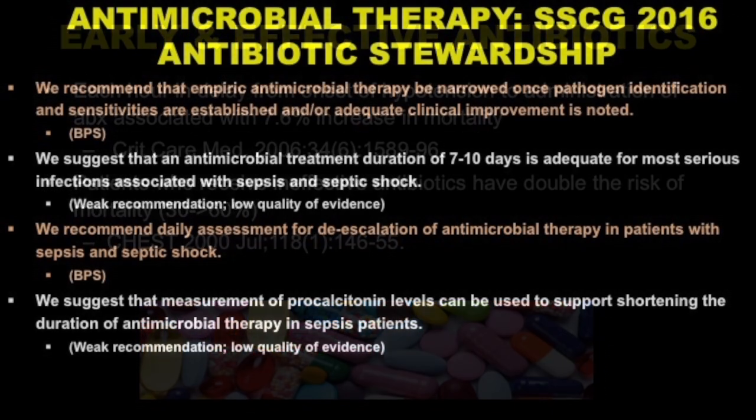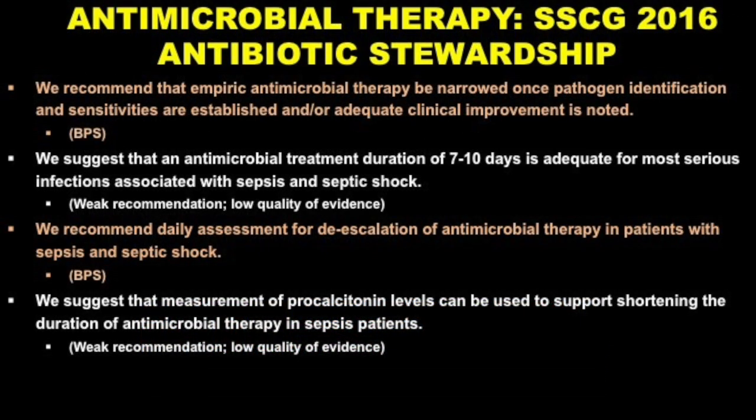In terms of stewardship, and I'm going to show you a paper shortly that shows how relevant this is, giving broad spectrum antibiotics, right? Our ID physicians cringe a little bit because we're just inviting resistance, right? Well, empiric antimicrobial therapy should be narrowed as soon as you get a pathogen back, and sensitivities, and or the patient's getting better, okay?